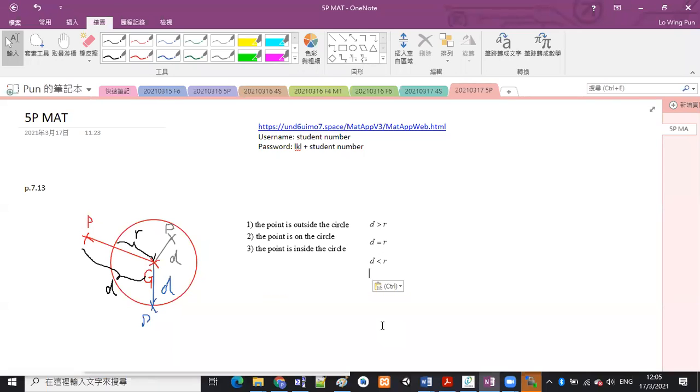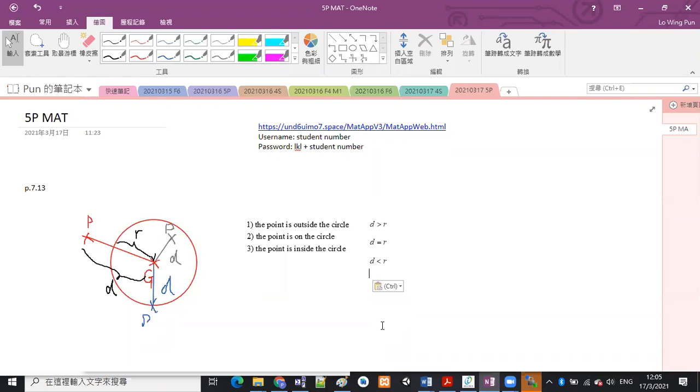Whether the point is lying outside the circle, on the circle, or inside the circle, you need to calculate the distance between that point and the center.